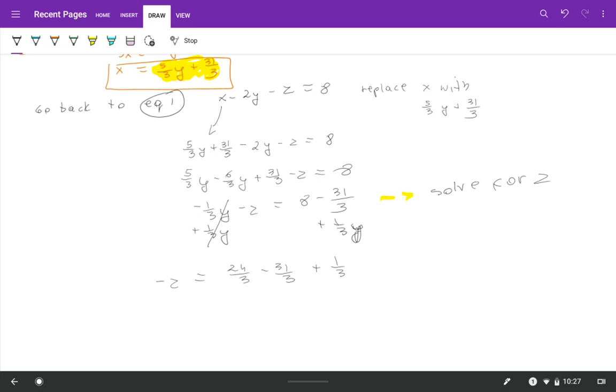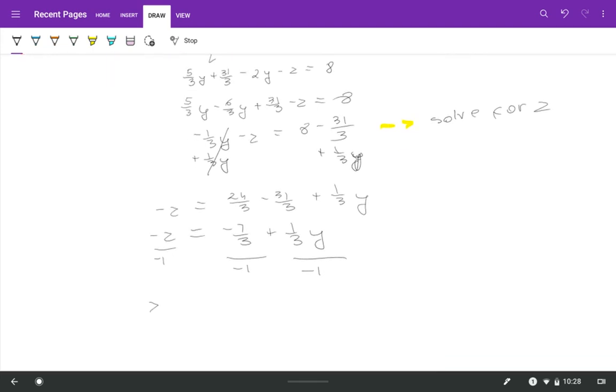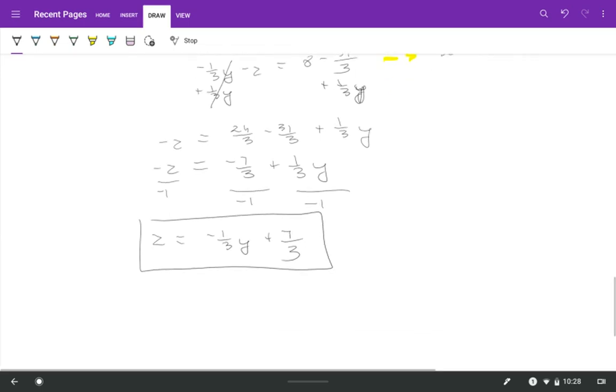So negative z is equal to negative 7 over 3 plus 1 over 3y, and just divide each by negative 1. So we have that z is equal to negative 1 over 3y plus 7 over 3. So this is our solution, okay?